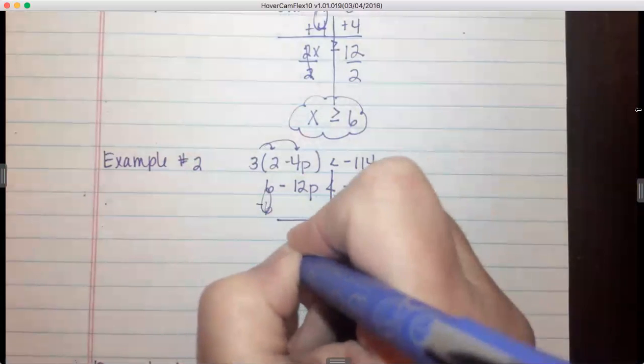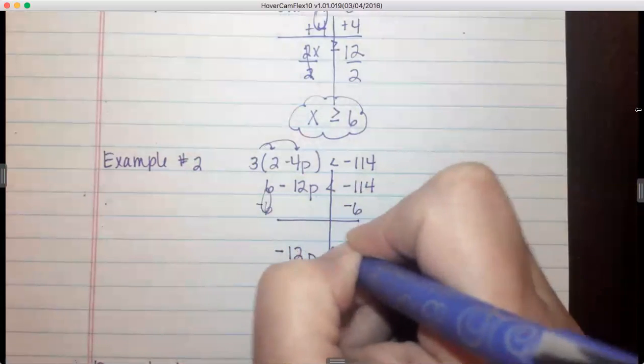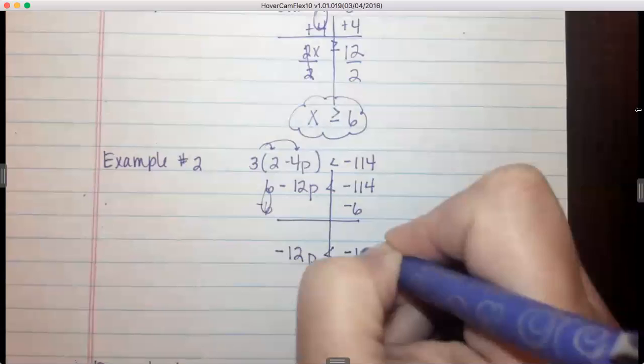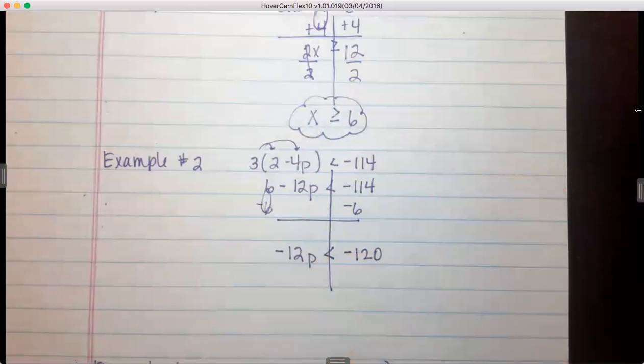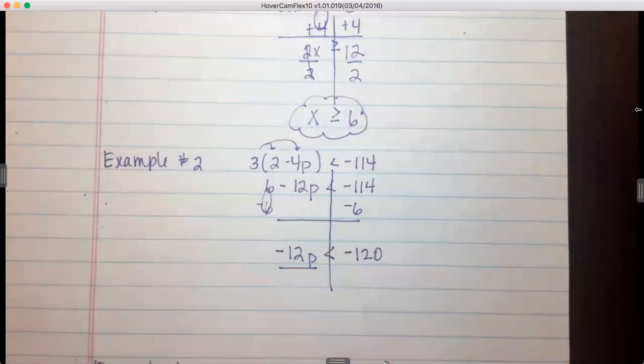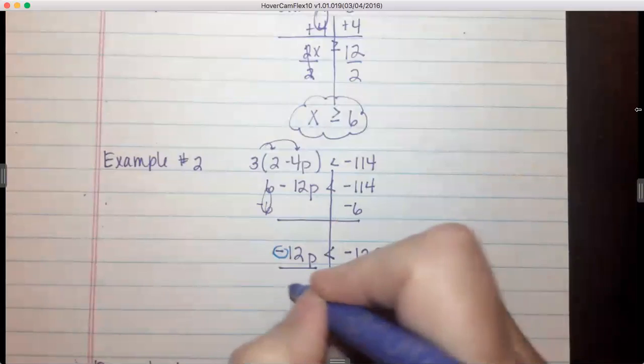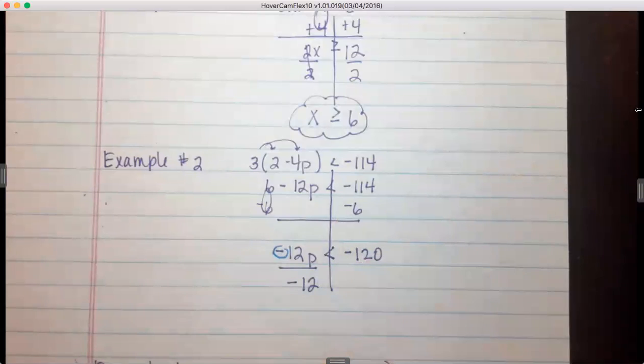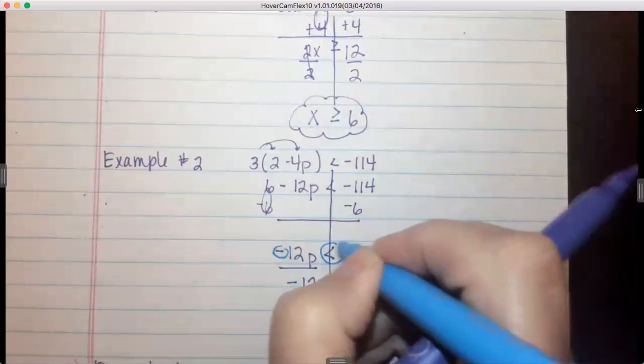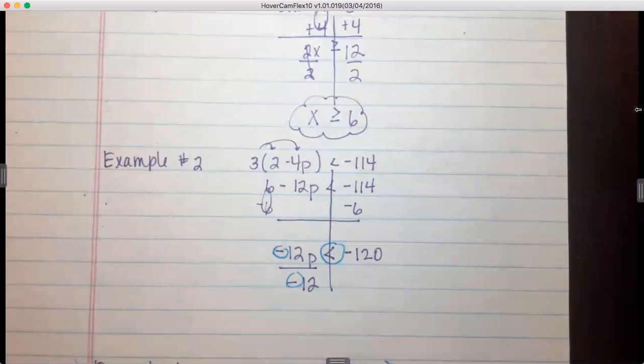So we get -12p is less than -120. Now we are going to undo the coefficient. Now when I undo the coefficient, what I notice is I'm about to divide by a negative number. So when I am going to divide by a negative number, I need to make sure that I flip the sign.